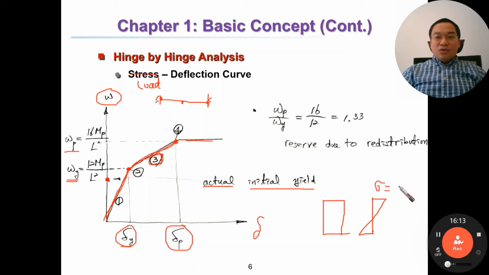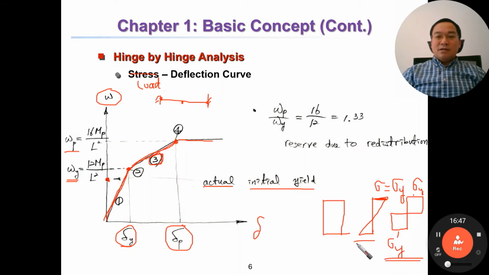The initial yielding, sigma equal to sigma y, starts at this point. But at this point, the section is fully plastic. This is sigma y, and this is sigma y.